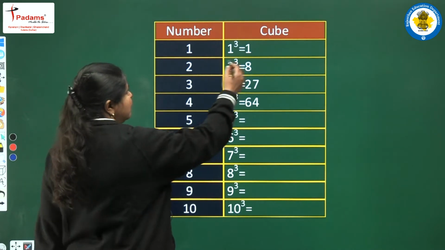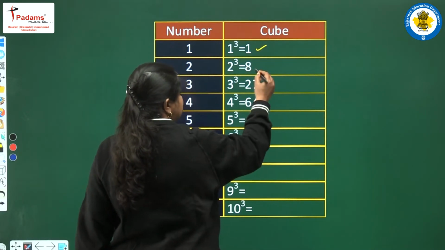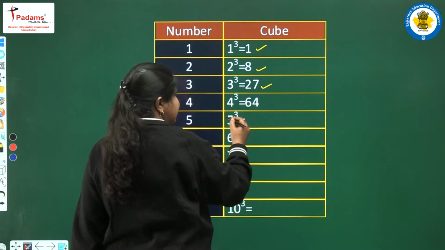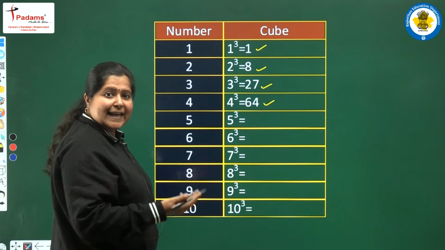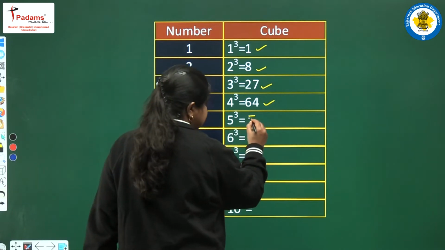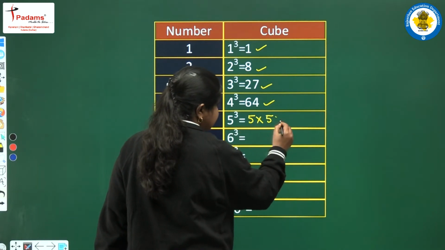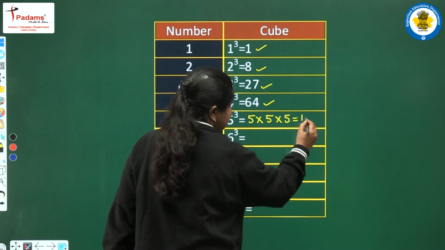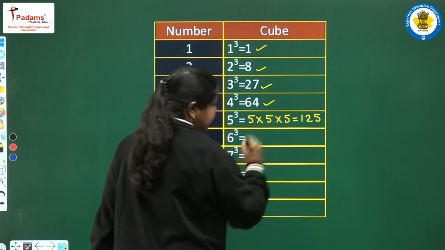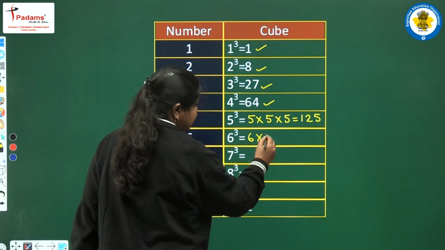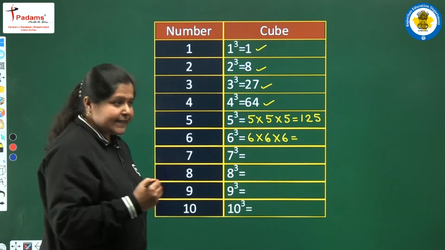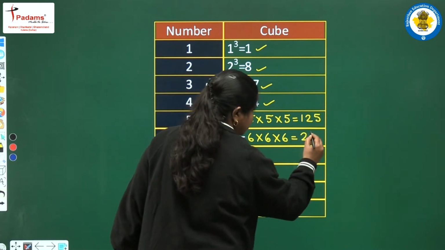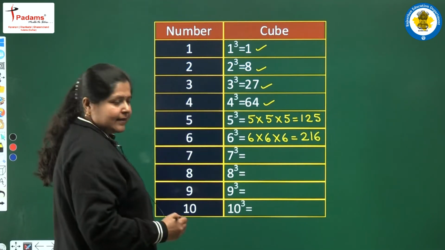Here we have 1 cube is 1, 2 cube is 8, 3 cube is 27, 4 cube is 64. Similarly, 5 cube कैसे मिलेगा हमें? If we multiply 5 by itself 3 times, this will be equal to 125. Similarly, 6 cube, it will be obtained when we multiply 6 by itself 3 times and this will be equal to 216.